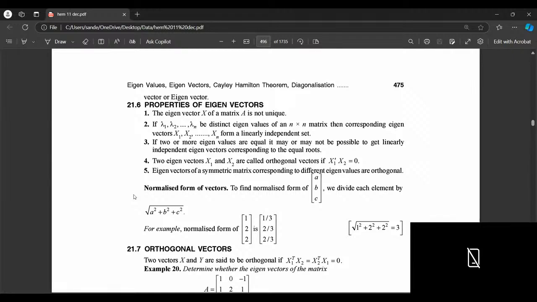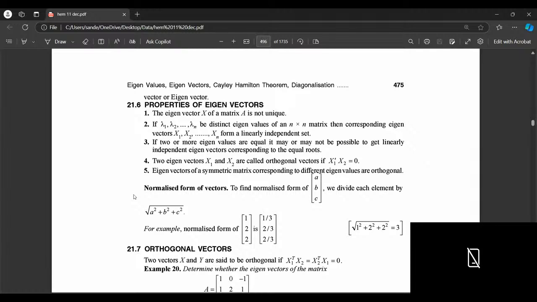For the characteristic equation, we write the determinant of A minus lambda I equal to 0. After writing it, we need to expand this determinant, and we get an equation, and that equation is the characteristic equation.